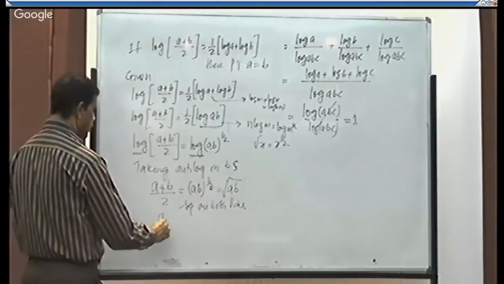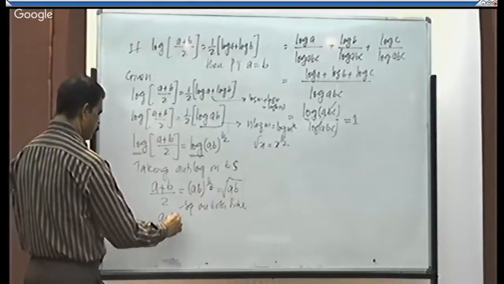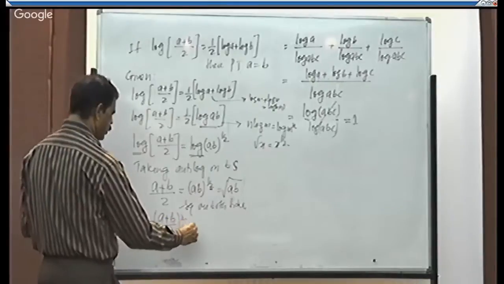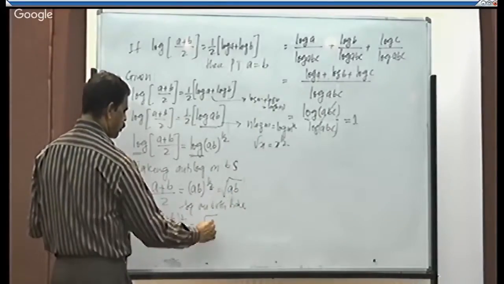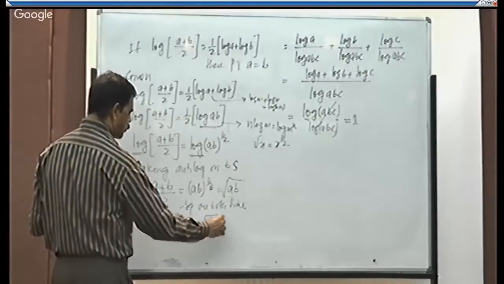The left hand side is (A plus B) divided by 2 whole square, and the right hand side is root of AB whole square.